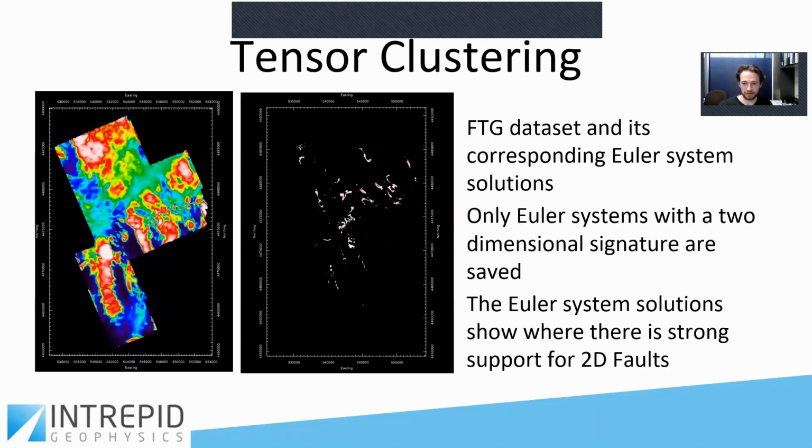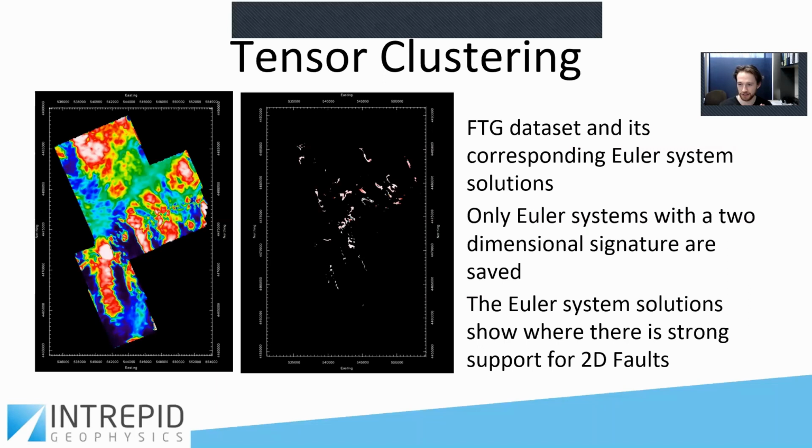If we go into this a bit deeper, here we've got our tensor grid. It's a gravity data set, and on the right here, we've got a clipped data set. This is just showing the points where there is a very small middle eigenvalue.